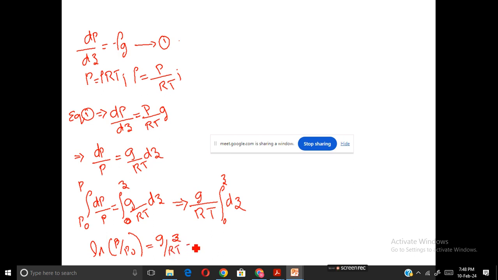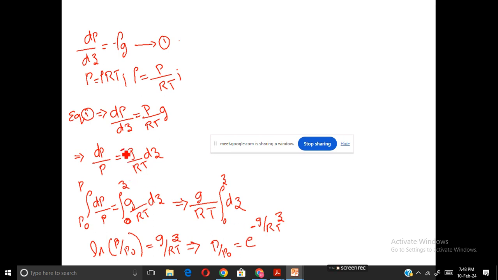Which implies, if we take log to this side, P by P0 is equal to e raised to g by RT into z. Okay, I think I missed a minus somewhere. Yeah, from the hydrostatic equation there is a minus sign.